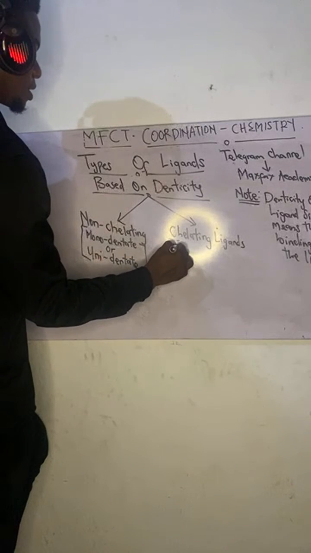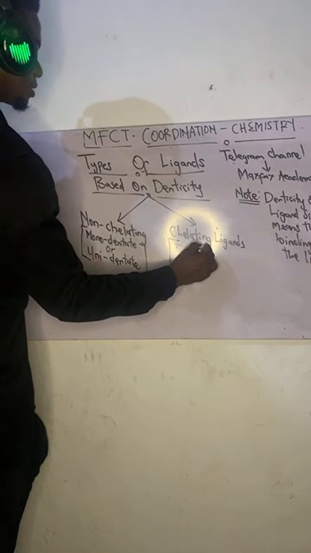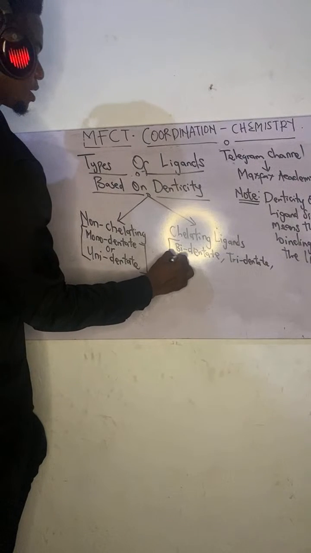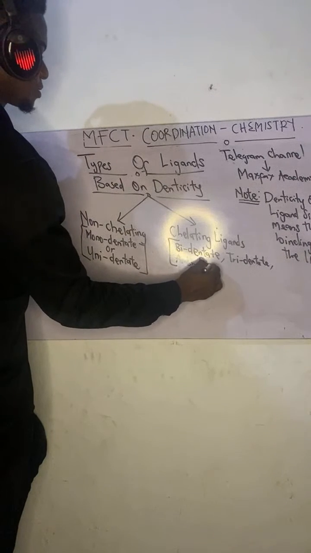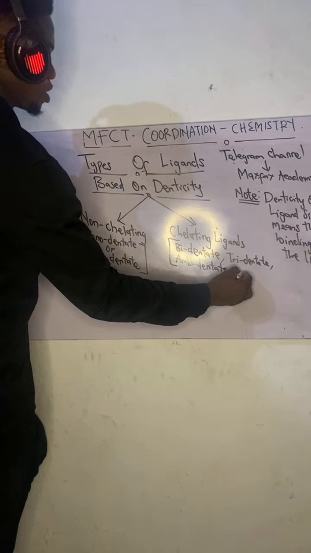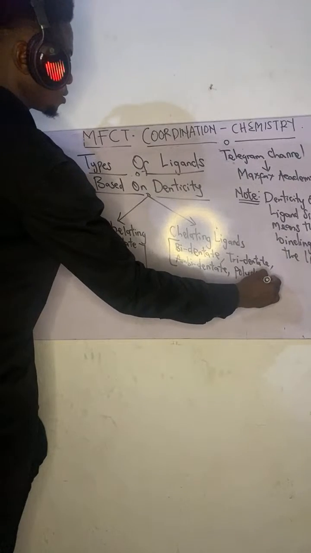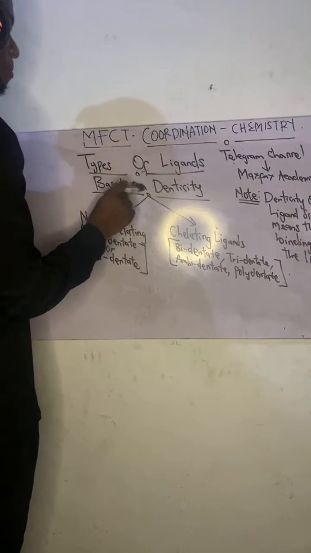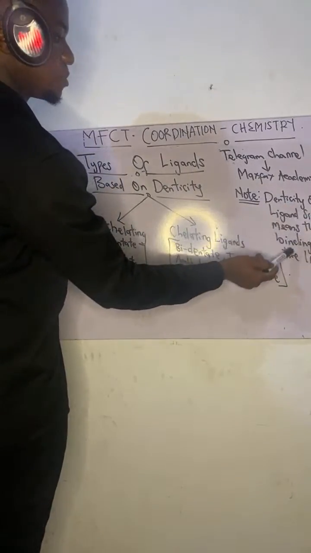This can be bidentate, tridentate, ambidentate, polydentate. So based on the denticity of the ligand, which simply means the binding site of the ligand, ligands can be subclassified into non-chelating and chelating ligands.